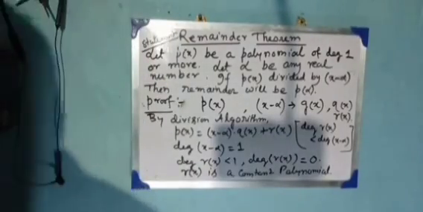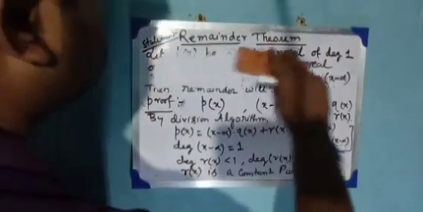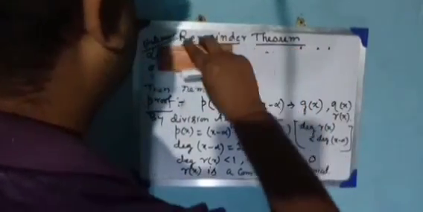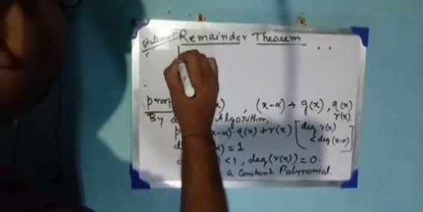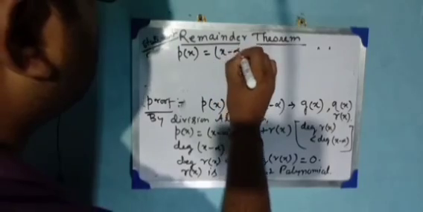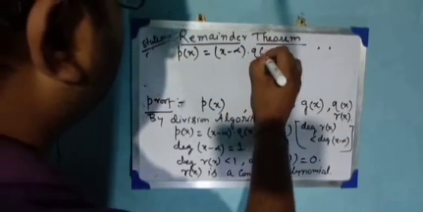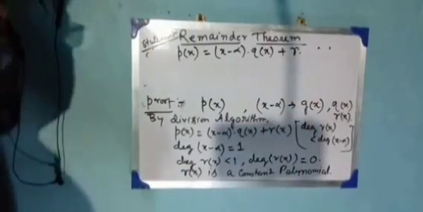Now we can write it again: P(x) equals x minus alpha into q(x) plus r, since it's a constant polynomial.